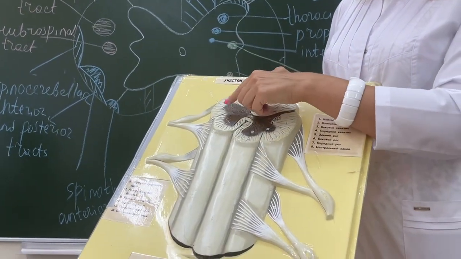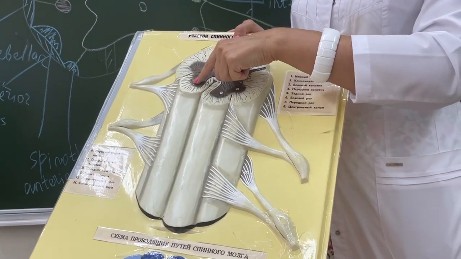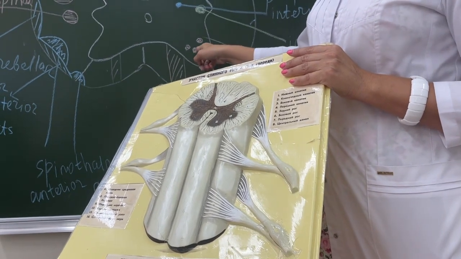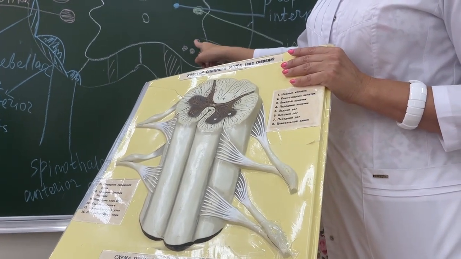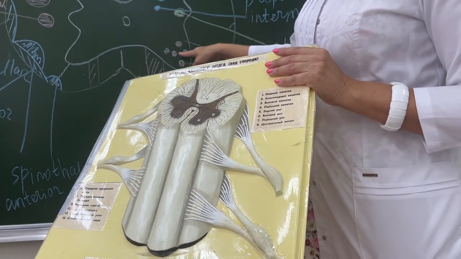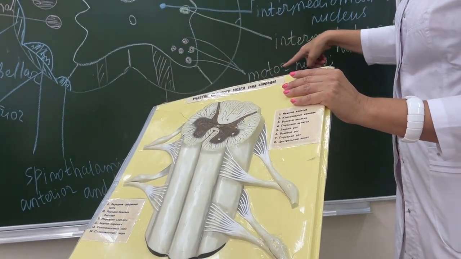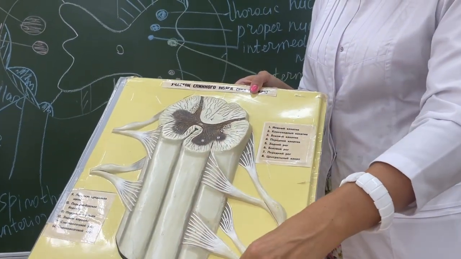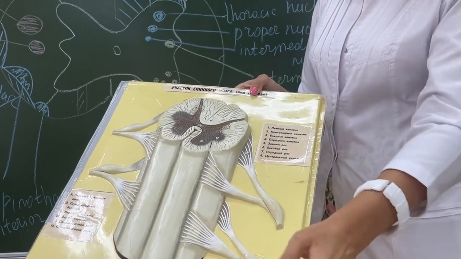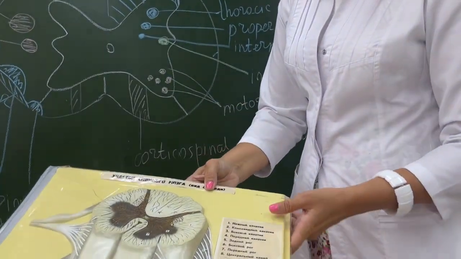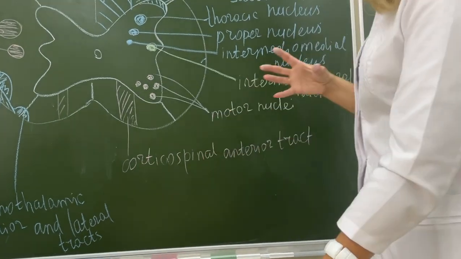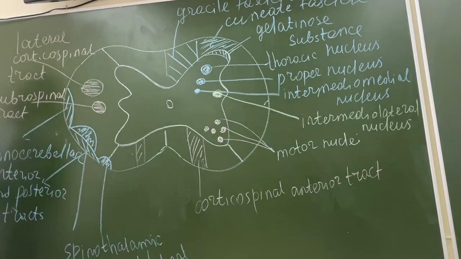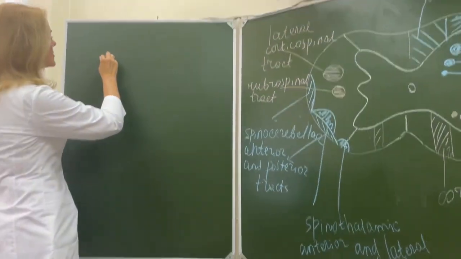The impulses from this second neuron are directed to the anterior horn, where the motor nuclei are formed. They can be the second or the third neurons, and they form axons directed as the anterior roots towards the organ located outside the central nervous system. That's theoretically. Now we'll use the blackboard to demonstrate the reflex arch.